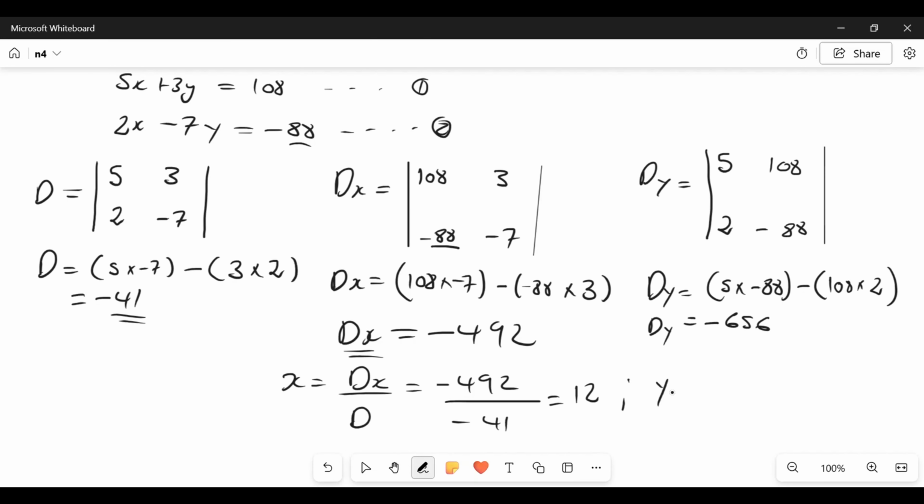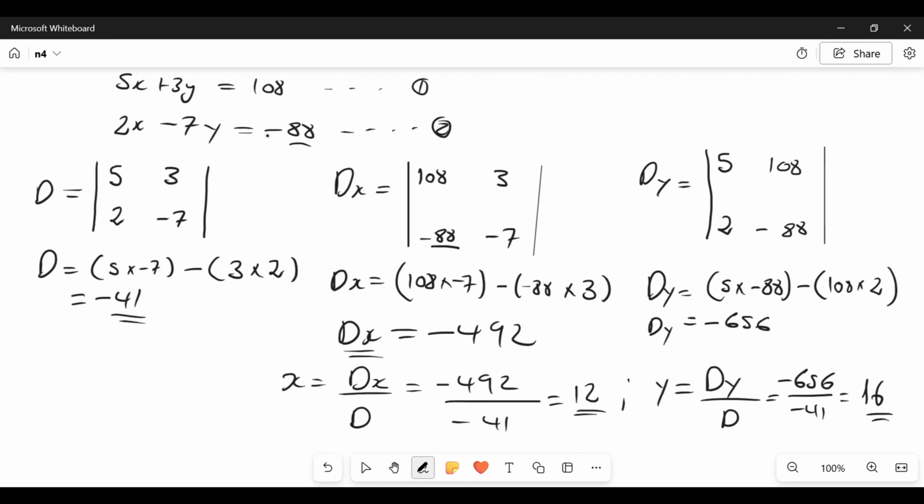When we calculate y, we're going to do something similar. We're going to have dy divided by d there. So dy, we know that is -656 divided by -41. So our answer here is going to give us 16 there. So as you can see here, our x is 12 while our y is actually 16.